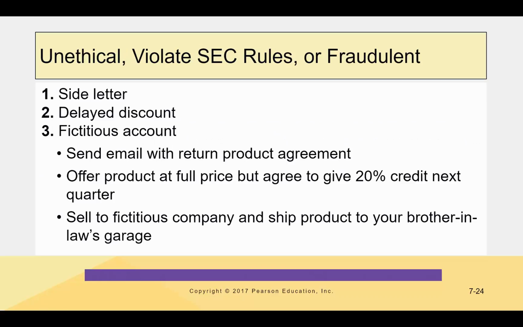Unethical, violating SEC rules, or being fraudulent is sending out side letters, delaying the account, fictitious accounts. You all have heard these. You've read news articles about what happens with this. Again, making side deals with customers.